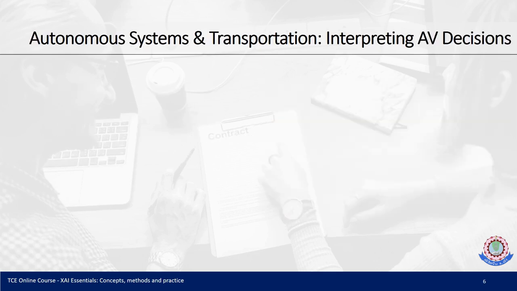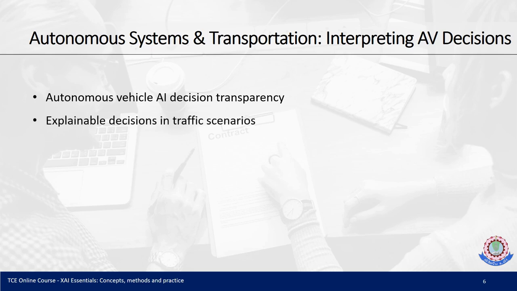Next, we move into autonomous systems and transportation. Self-driving cars make complex real-time decisions whether to stop, turn, or avoid obstacles. These decisions must be explainable to developers, regulators, and someday passengers too. I hope so.